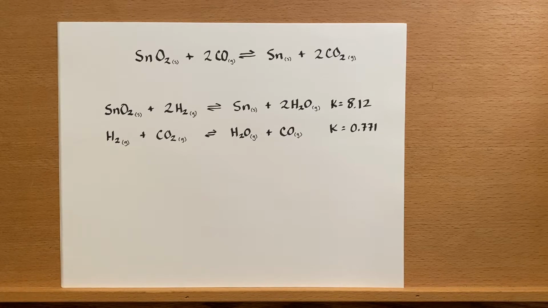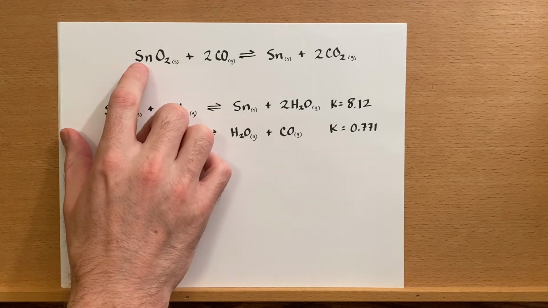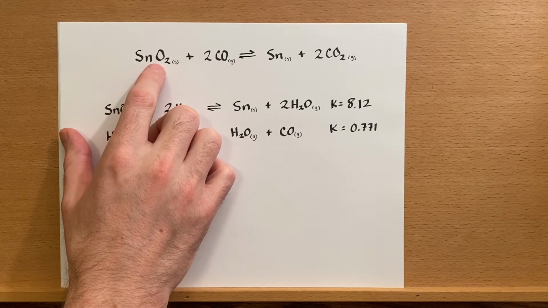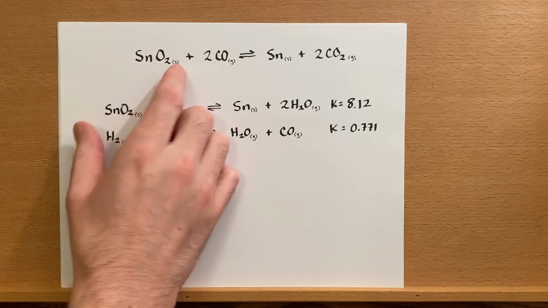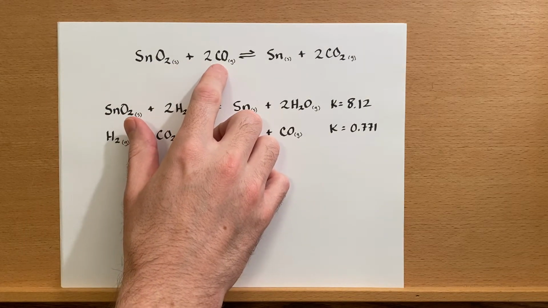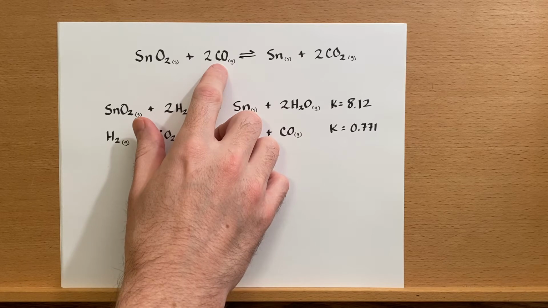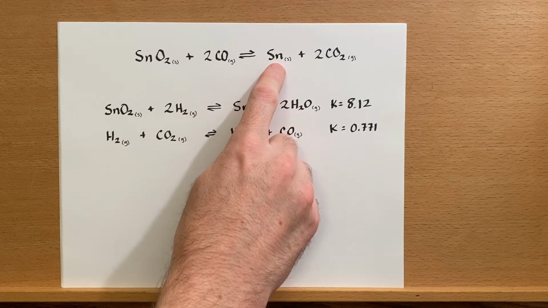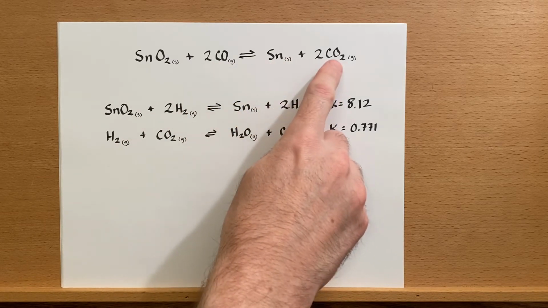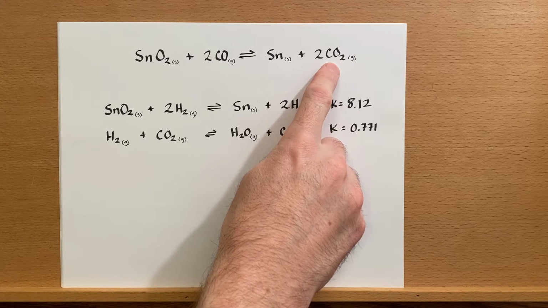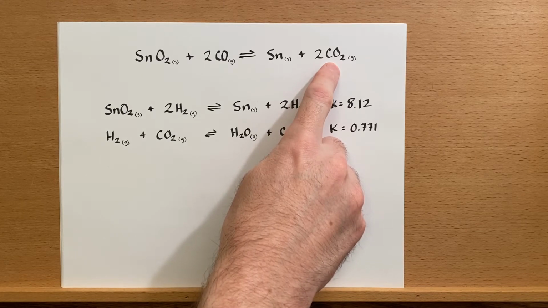In the reaction above here, we have tin(IV) oxide, which is a solid, reacting with carbon monoxide gas, two of them, to make metallic tin and 2 carbon dioxide gas molecules.